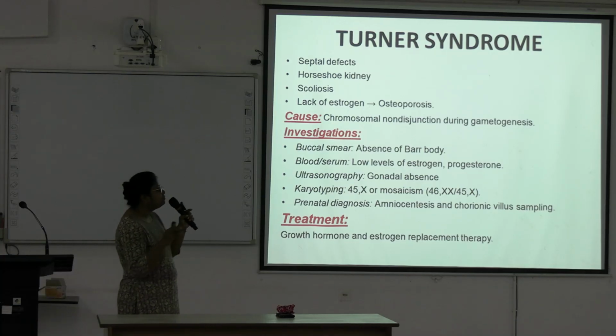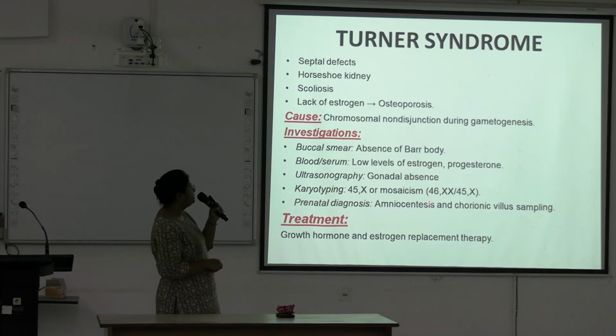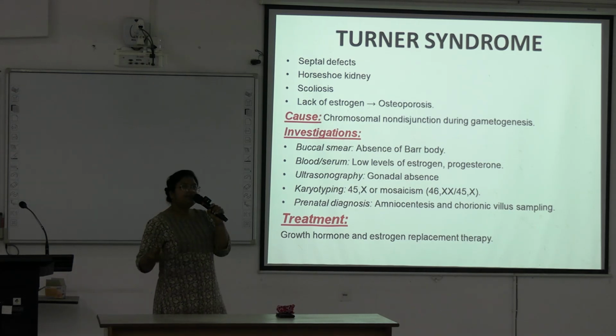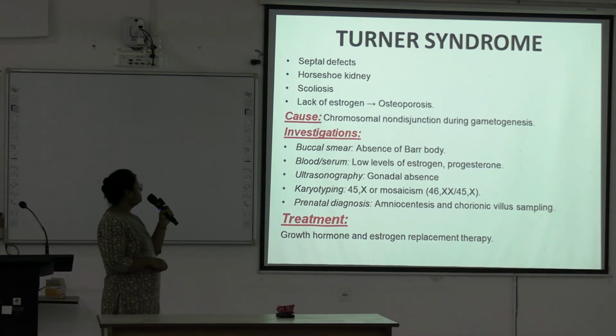Mosaicism means two types of cells are present during the formation of gonads. These are normal cells, 46,XX for female, and defective cells, 45,X. Both types of cells are present in the fetus. That is known as mosaicism.